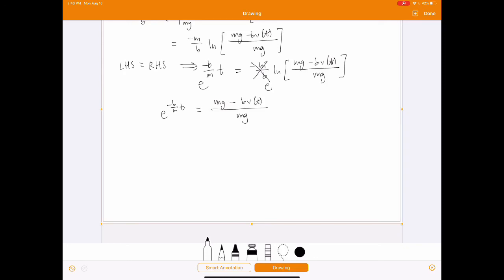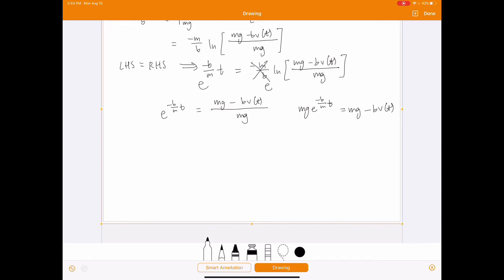And we're almost there. Just have a little bit more work to do. Now it's just algebra. So I'm going to multiply through on both sides by mg. So now I have mg e to the minus b over m times t equals mg minus b times v. Okay, next thing I'm going to do is subtract mg times e to the minus b over m times t from both sides.